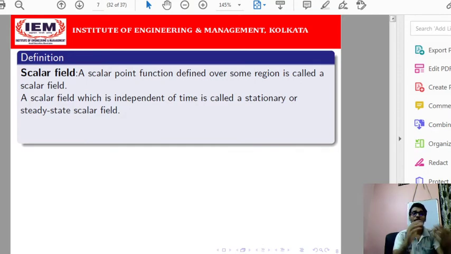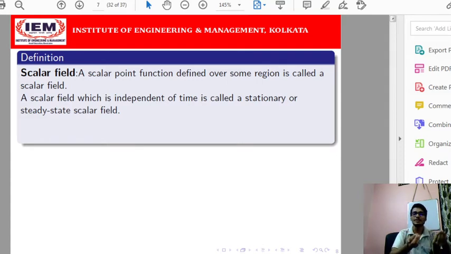Then there comes the scalar field. Whenever we consider the scalar point function, this function assigns some value corresponding to a particular point in a domain. Now if I consider the collection of all such functions that could be defined in a region, that is called the scalar field. Is that clear? That means, what is the scalar field?